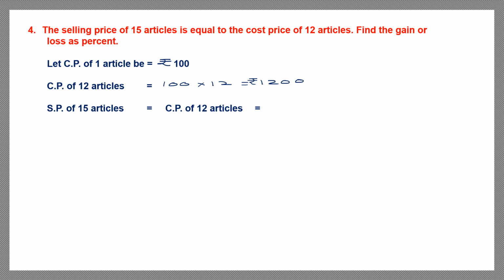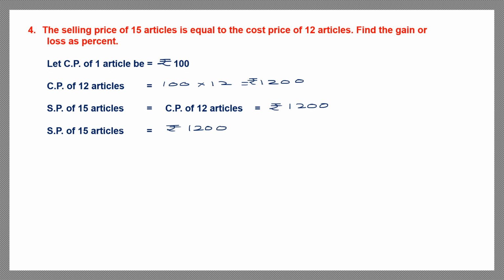Now here we've been told that the selling price of 15 articles is equal to the cost price of 12 articles, which is equal to this, isn't it? So let's write that. So that is equal to 1200 rupees. So that means the selling price of 15 articles is 1200 rupees. We can write that down here, 1200 rupees.